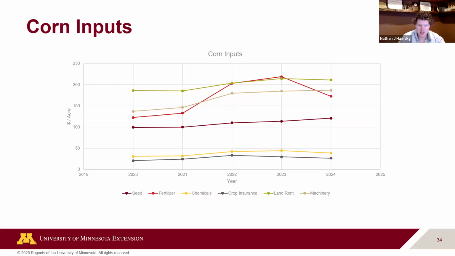Fertilizer got really expensive, especially in 22 and 23. And that's also one of their most expensive inputs. That brown line is machinery. So machinery, fertilizer, land rent, clearly the top 3 most expensive inputs that farmers pay. In the middle of the graph, that's seed cost. The bottom 2 ones are chemicals and crop insurance.